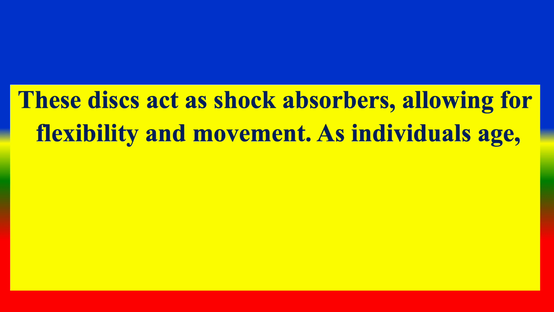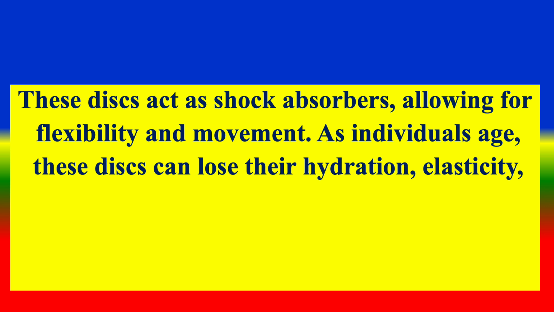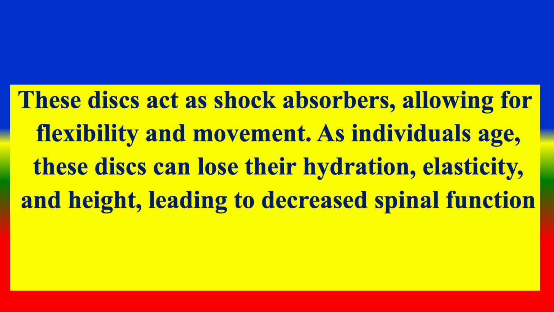The discs act as shock absorbers, allowing for flexibility and movement. As individuals age, these discs can lose their hydration, elasticity, and height, leading to decreased spinal function and potential pain.